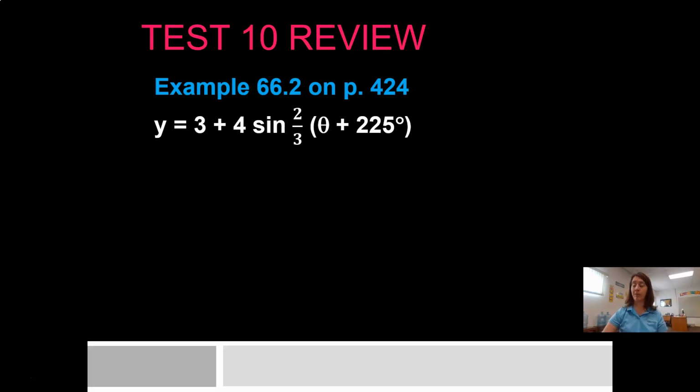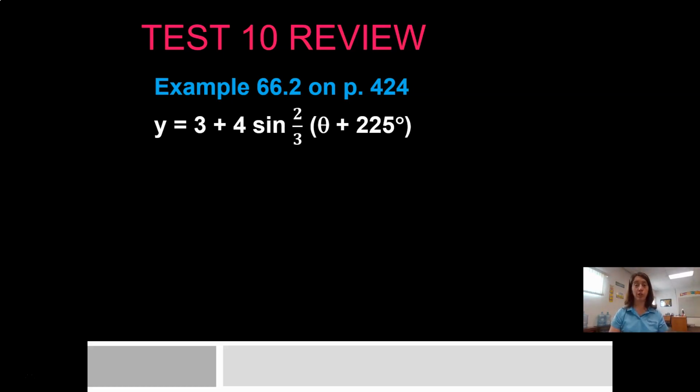How far is it from negative 225 over to 315? That's 540 degrees. So in order to find the period that goes in front of our parenthesis, we took the normal rotation, which was 360, and we divided by the new rotation. So 360 divided by 540, that reduced down to 2 over 3.